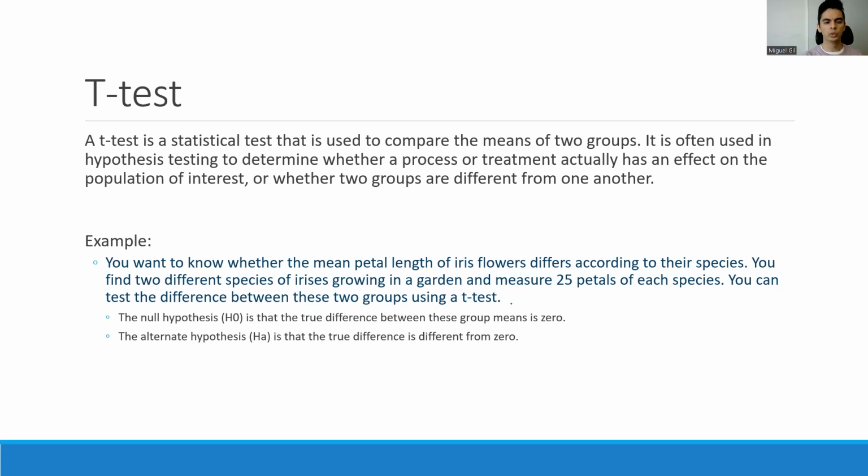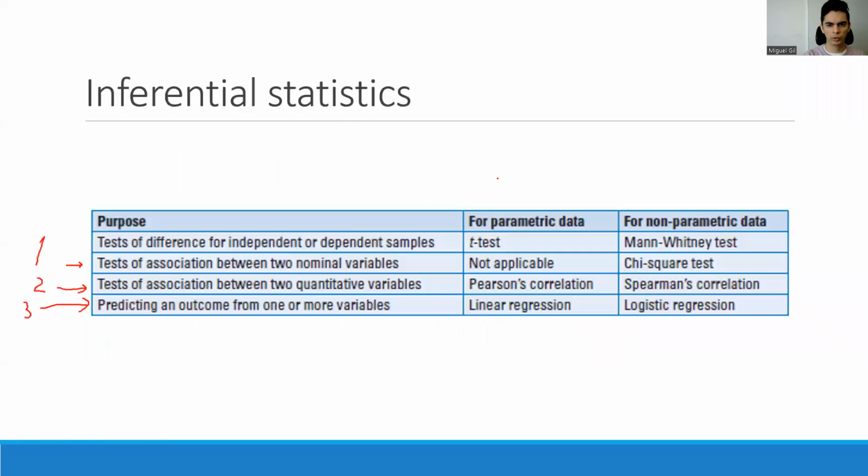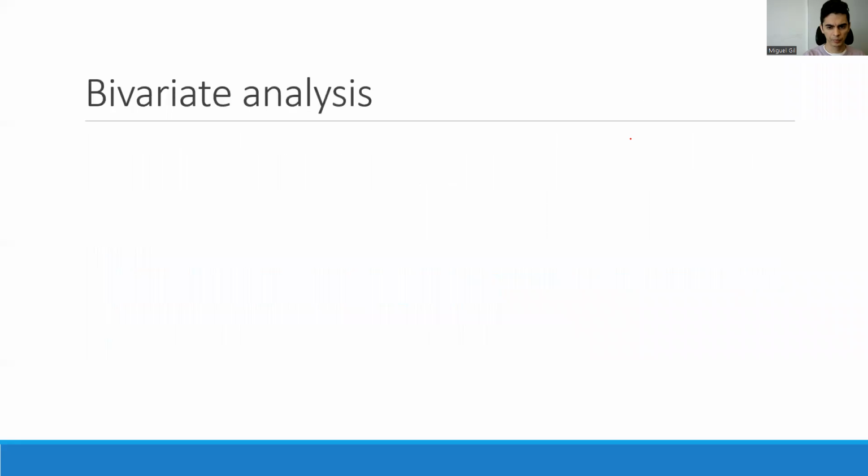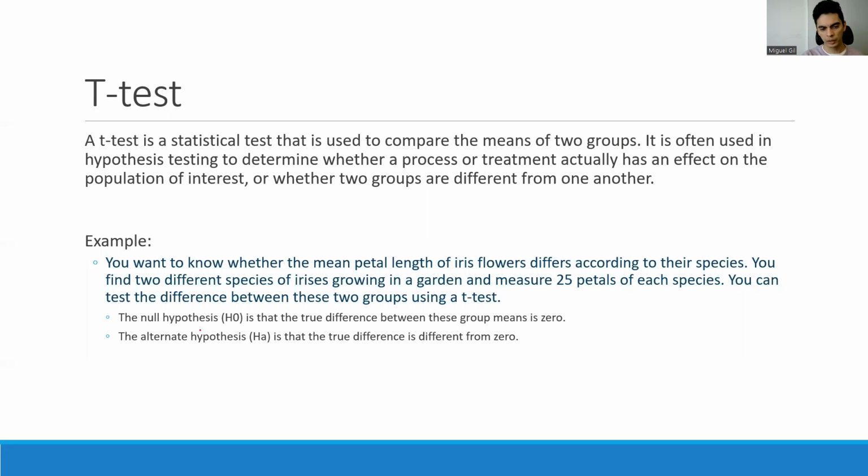And then, as I said, for doing this analysis you need a hypothesis. So we have the null hypothesis, and that hypothesis is that the difference between these groups is 0. So the null hypothesis is that group 1 and group 2 have no difference, right? So my research question is: is there a difference between the mean of petal length according to their species?